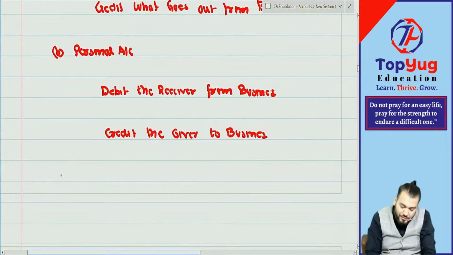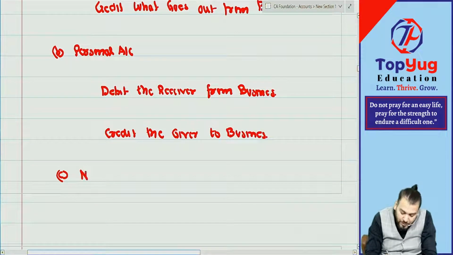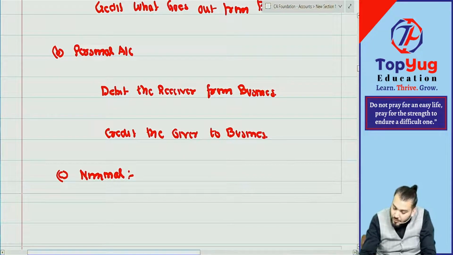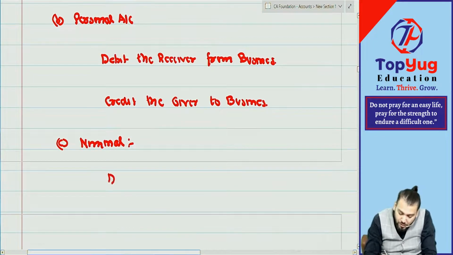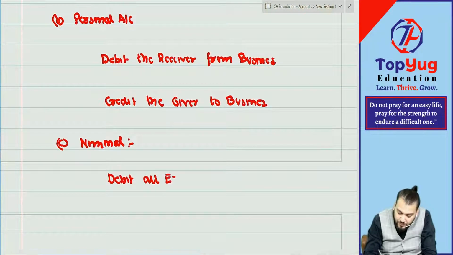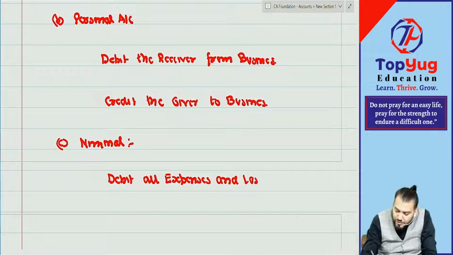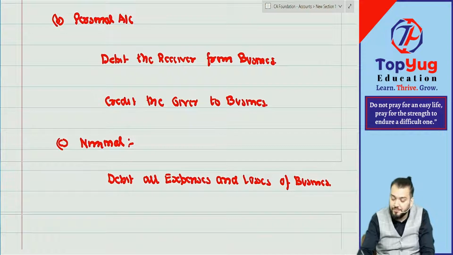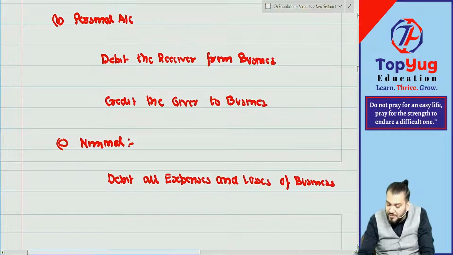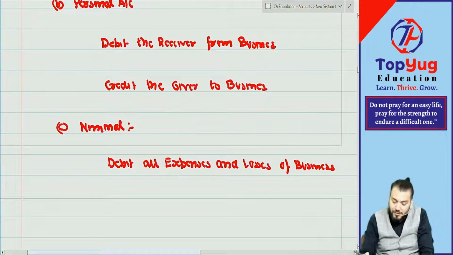Understood? And last, point number C, nominal account. What is the rule? Debit all expenses and losses of business.